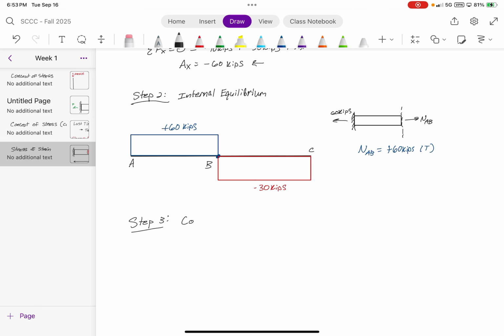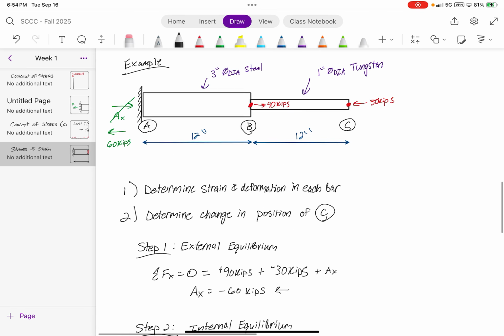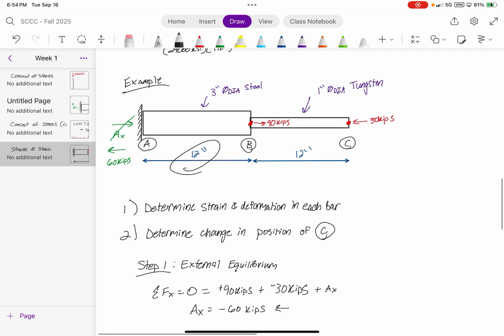So for the deformation of bar AB, our internal force is 60 kips. The length of our bar is going to be 12 inches, right? That comes right from here. What is the elastic modulus of steel? Because AB is a steel bar.